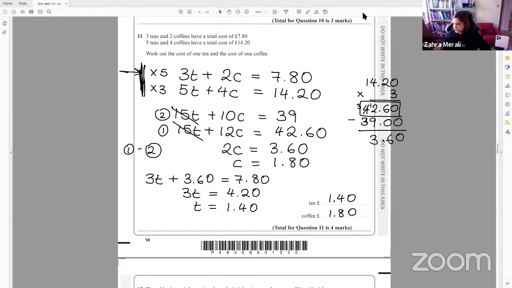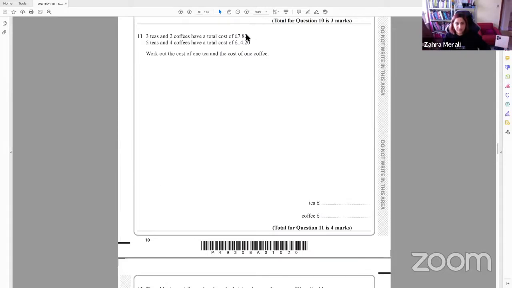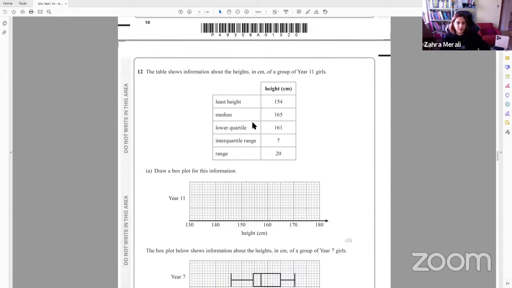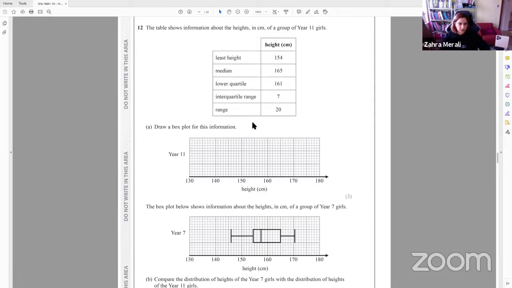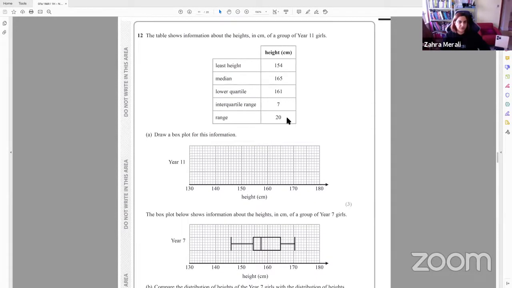Right, so the next question is, if I remember correctly, on a box plot. So we're going to draw a box plot for this information. Now, a box plot is always drawn, I'm just going to draw this, this isn't the actual box plot, just to illustrate. This is always your lowest value.